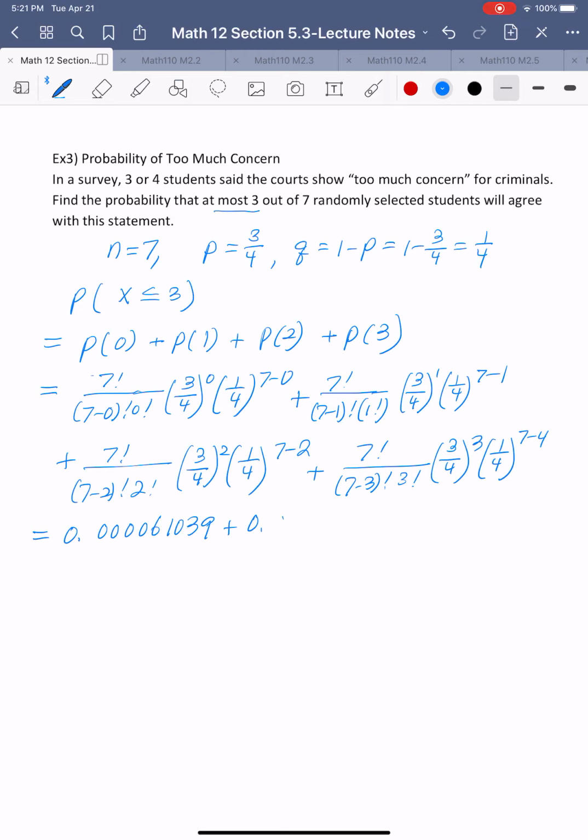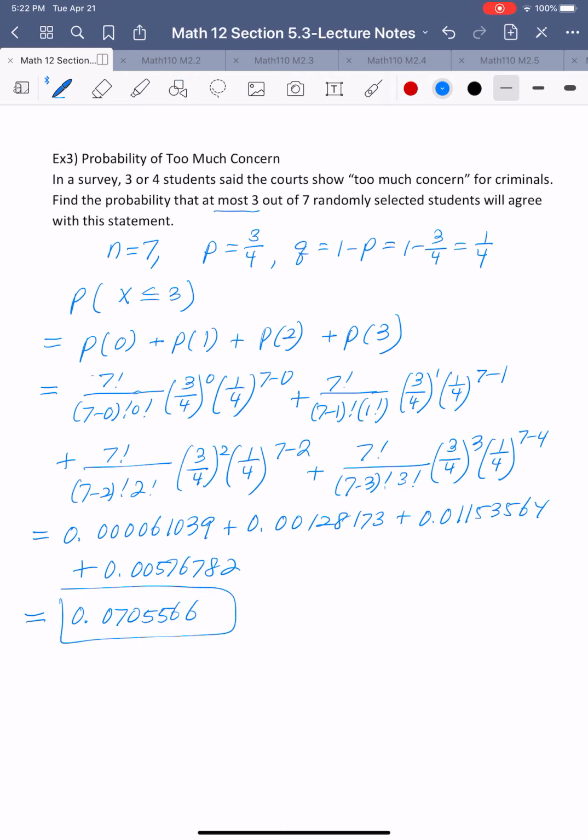You got 0.00128173 for the second one, 0.01153564 for the third one, and then you get 0.00576782 for the last. Add them together, it becomes 0.07056. So that's the answer for example 3.